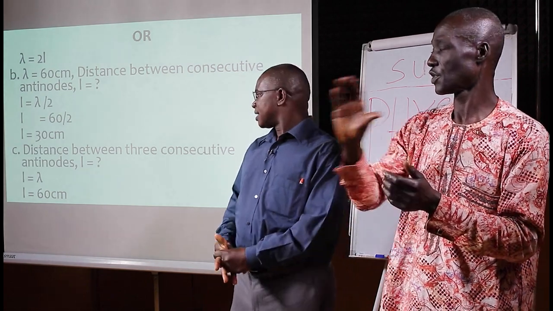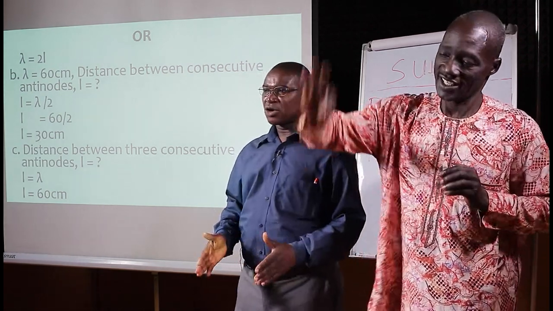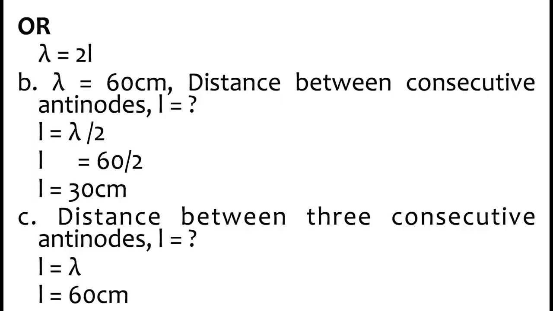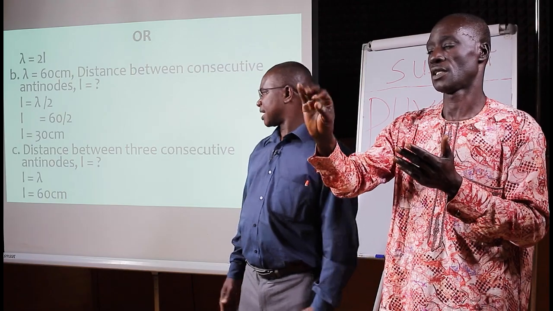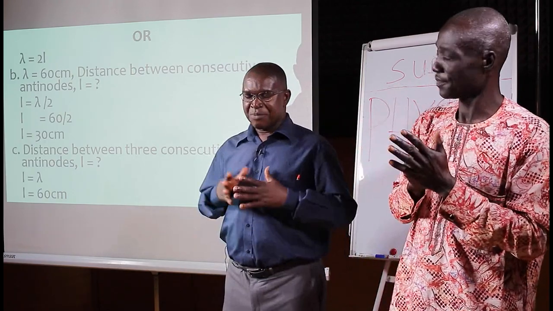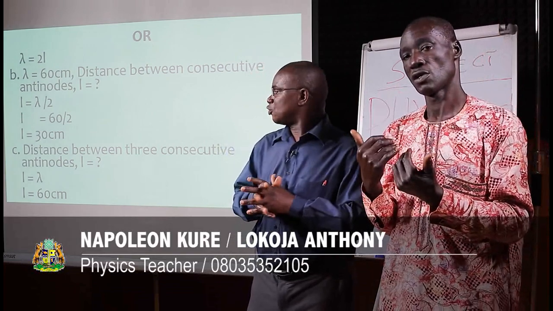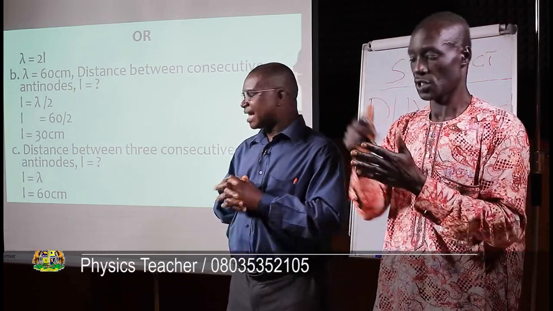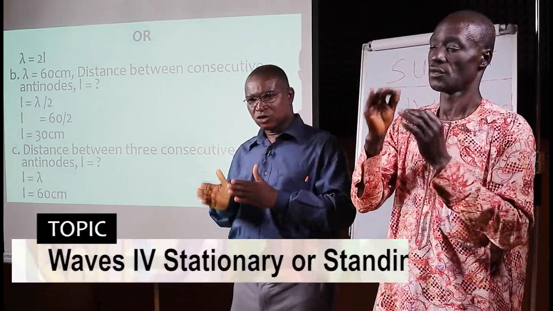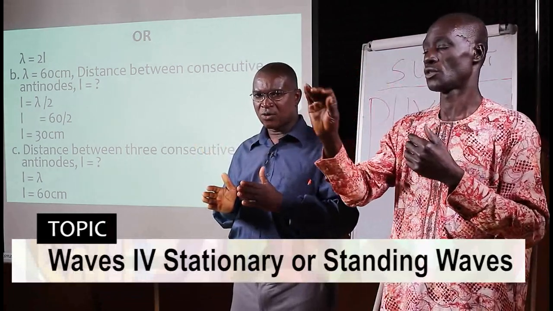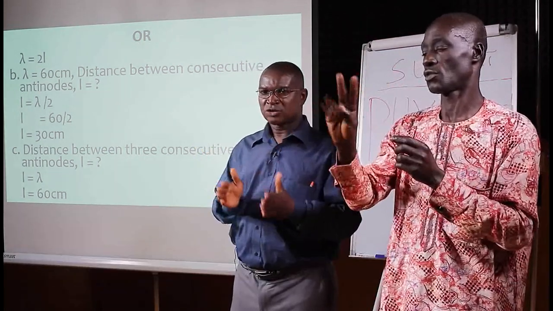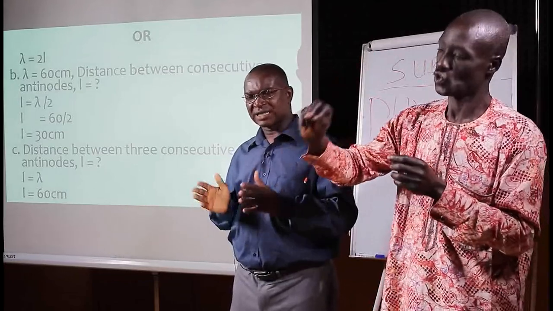C. We have to find the distance between 3 consecutive antinodes, AAA, and the distance between 3 consecutive antinodes will be L equals unknown. Our L is equal to lambda. Again, worthy of note, as we said before, from node to antinode is lambda by 4, and from node to node or antinode to antinode is lambda by 2.